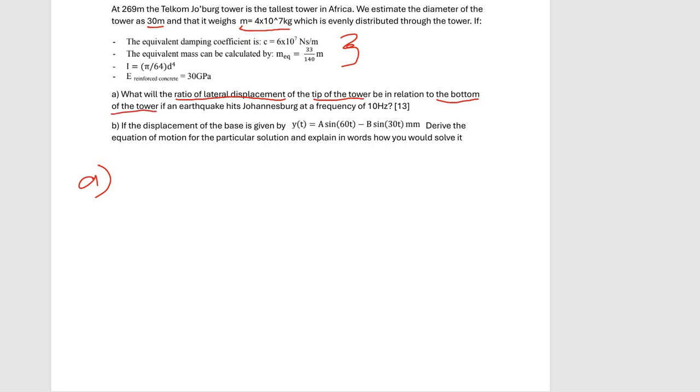So let's say that the displacement of the tower at the top, let me write here the displacement at the top, let that be denoted by x.